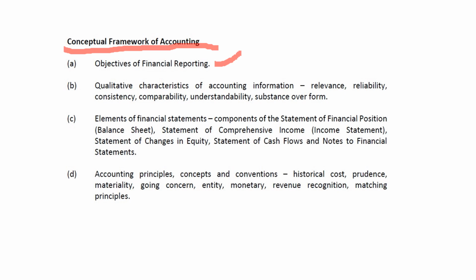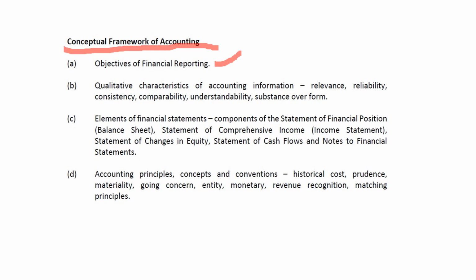Okay. Part B, the qualitative characteristics of accounting information: relevance, reliability, consistency, comparability, understandability, substance over form. You should be able to write a few lines on what these things are, and also, again, bear in mind that you could be asked to give an example of each one of these. Okay?